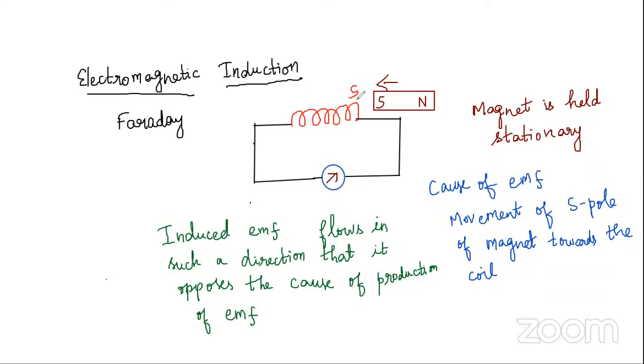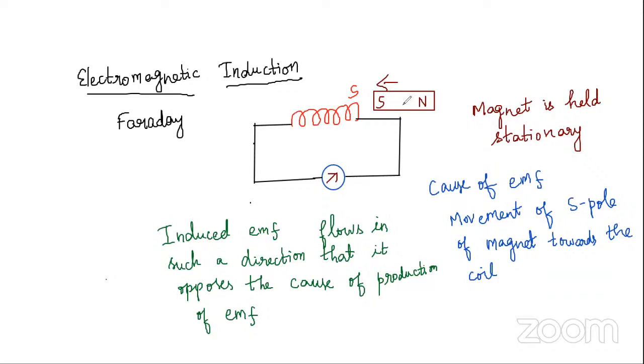So when this end becomes a south pole, what will happen? The bar magnet is having a south pole here. When the south pole is brought towards the coil, this is the cause of the EMF generated. So the EMF flows in the coil in such a way that this end becomes a south pole, so that it repels the south pole from coming towards it. So it leads to repulsion. That means it opposes the cause of production of EMF.